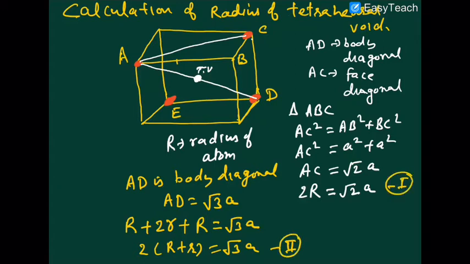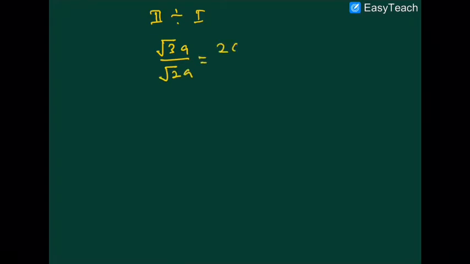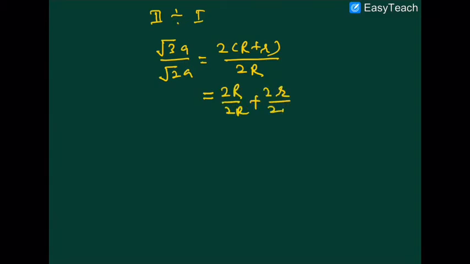So you can take case 2 and case 1 and divide them. Root 3a divided by root 2a comes out to be twice R plus r over twice R. So it comes out to be 2R by 2R plus twice r by twice R. The a will cancel out.